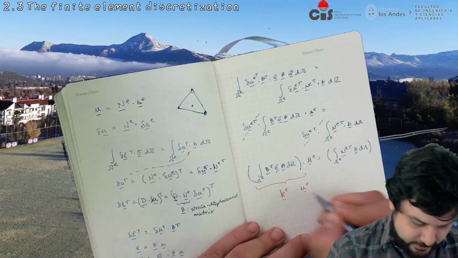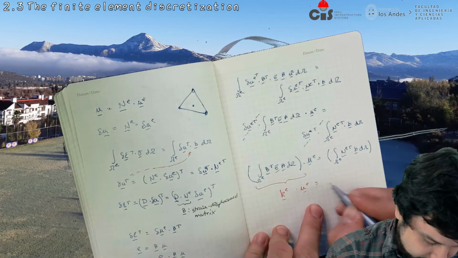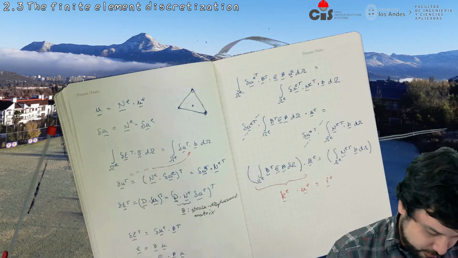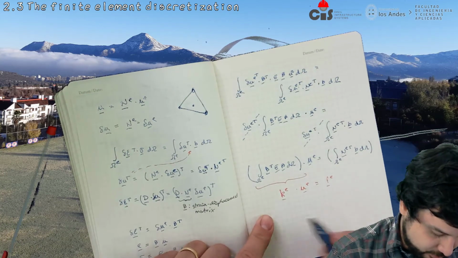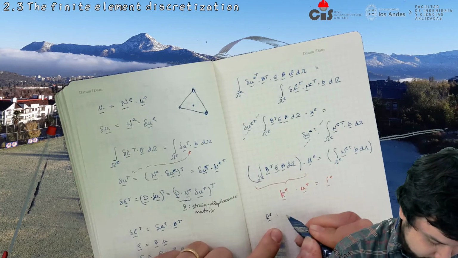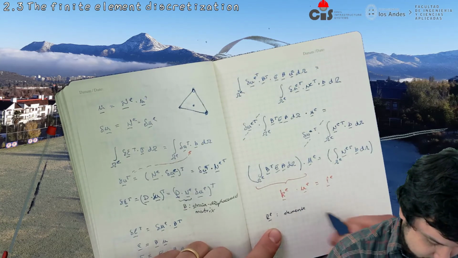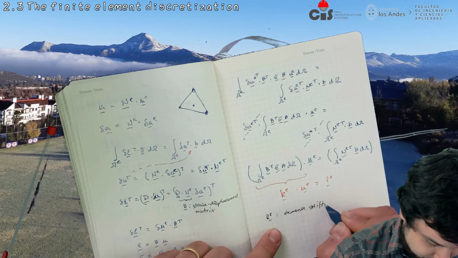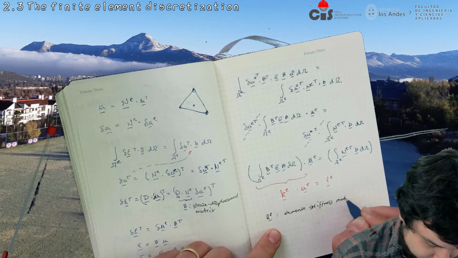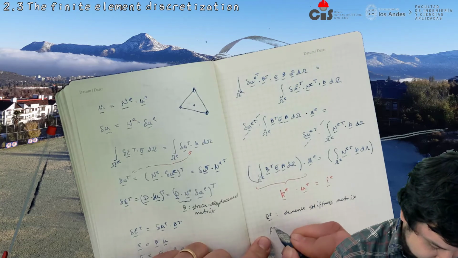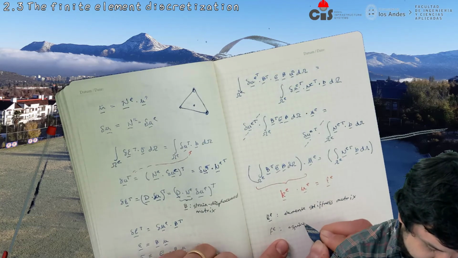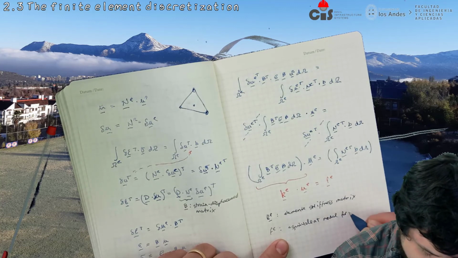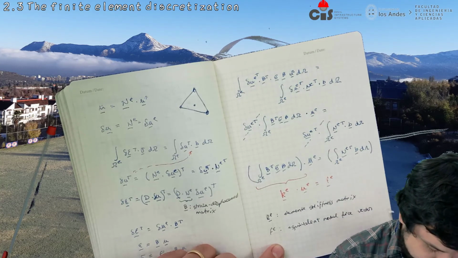This is the element nodal vector, and on the right hand side we have the element equivalent nodal forces. So KE is the element stiffness matrix, and FE is the equivalent nodal force vector, and this is all for element E.